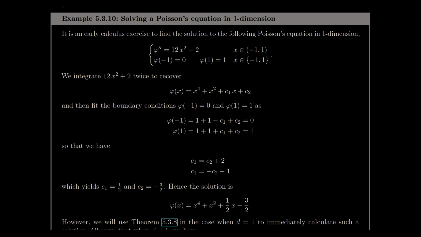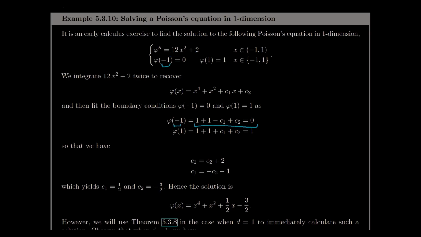It's way easier to compute than other ones because since there's only one term with phi in it, we just integrate the right-hand side twice. So we integrate the right-hand side twice, and we get x to the 4th plus x squared plus c1 x plus c2, and we just need to find these to meet the boundary conditions. The way we do that is we plug -1 in for x.